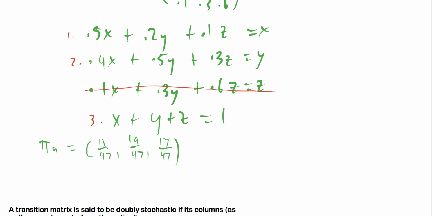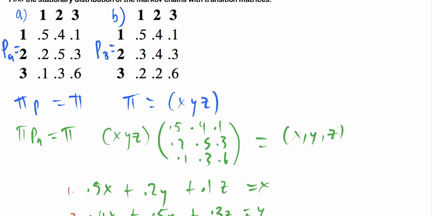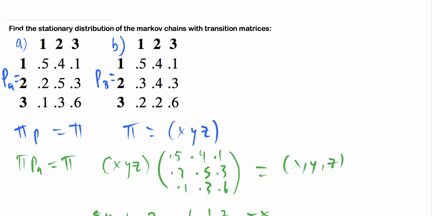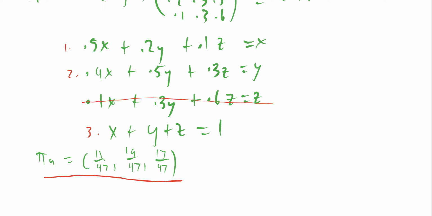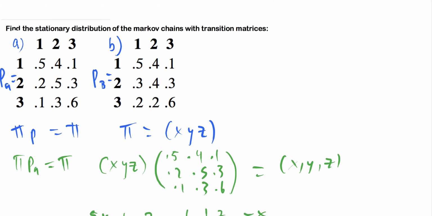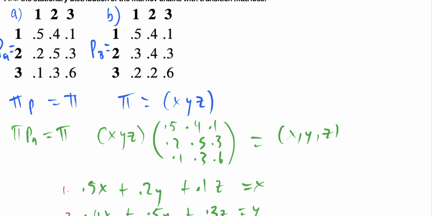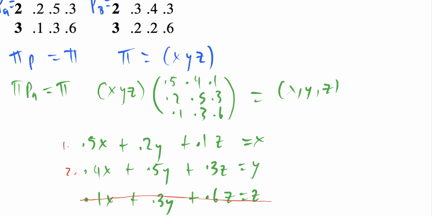So that's our answer for part A. I'll underline that in red. And that's essentially how you're going to solve that every single time. If you're given a transition matrix P, we just use this formula, pi times P equals pi, solve the system of linear equations, and it will give you the stationary distribution, or what this Markov chain converges to, which is what we want.